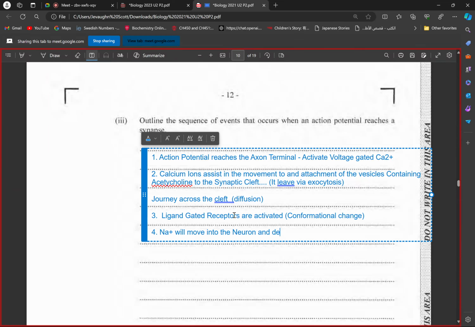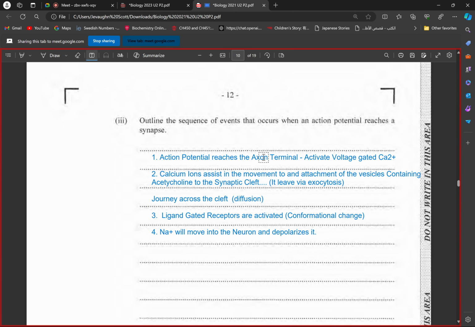Now, it just says outline the sequence of events that occurs when an action potential reaches a synapse. Continue or just done with this? No, that's fine, leave it here. Because what you're going to do now is explain the action potential throughout the postsynaptic neuron.